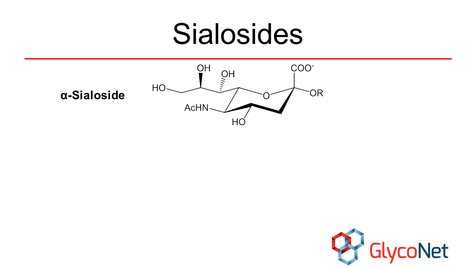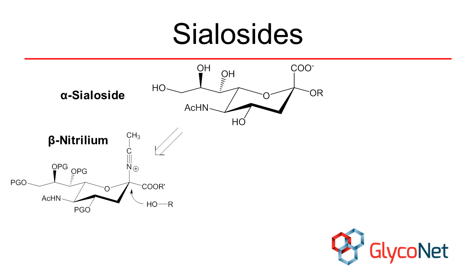Several strategies have been developed to preferentially synthesize the alpha anomer, and we will highlight two of the most successful. One strategy is to use a thioglycoside donor in acetonitrile, which is believed to form a beta-nitrilium ion intermediate as described earlier. The incoming nucleophile displaces this ion in an SN2 type of reaction to form the desired alpha linkage.